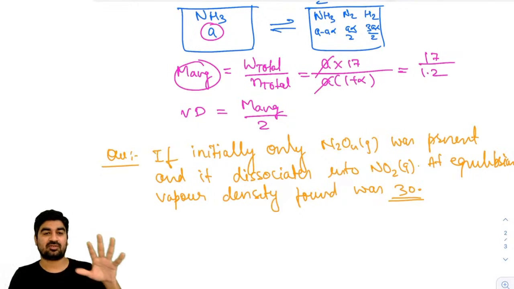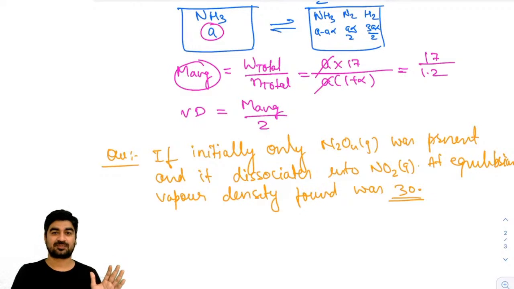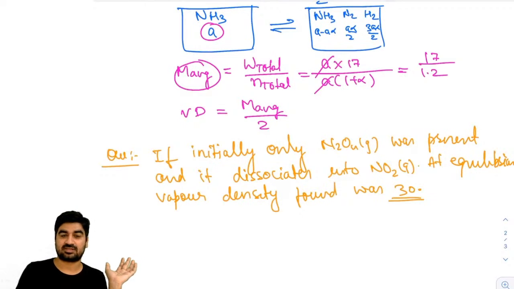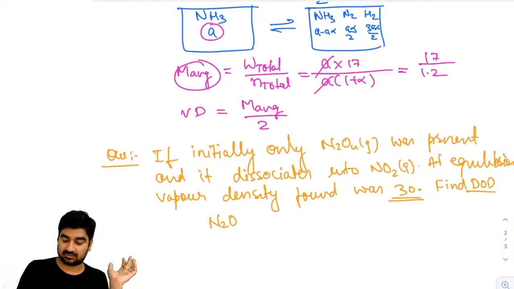So when equilibrium was achieved, vapor density was 30. Initially only N2O4 was present. So guys, find the degree of dissociation. And what is the reaction?